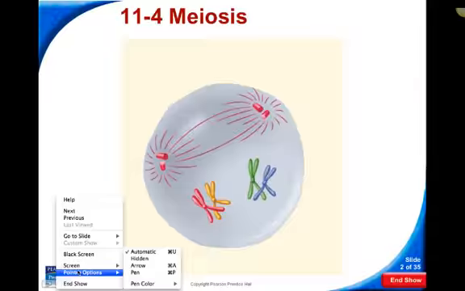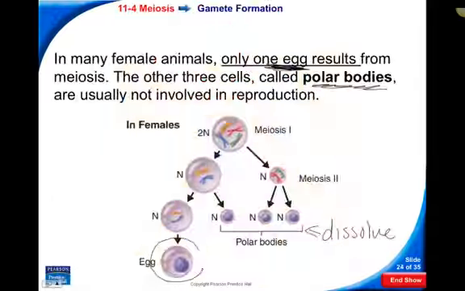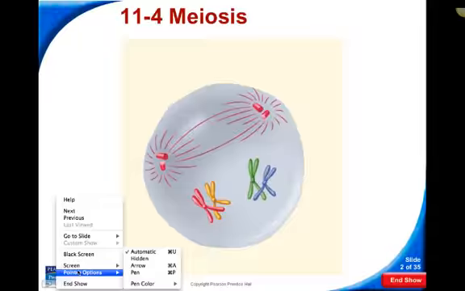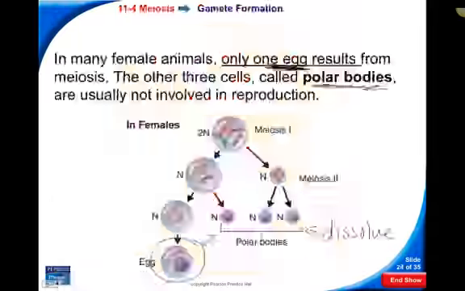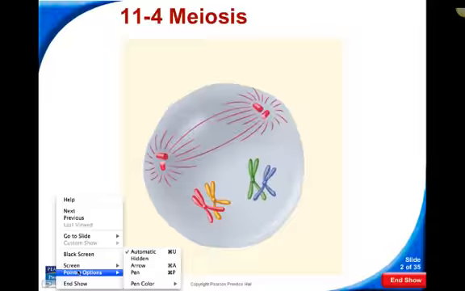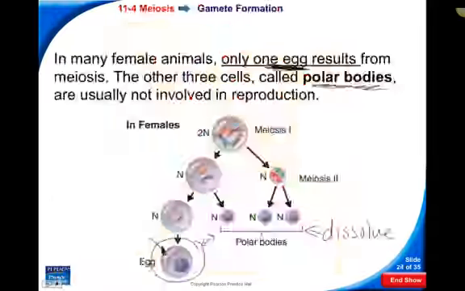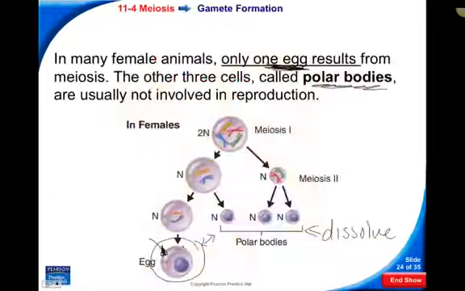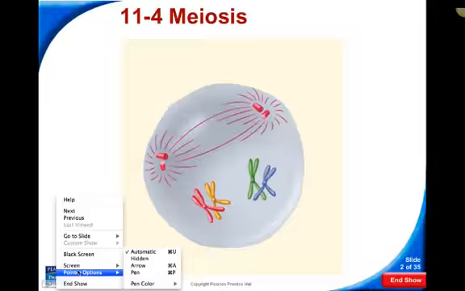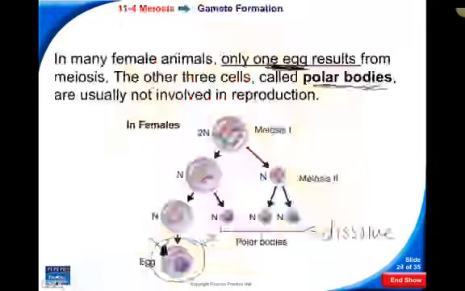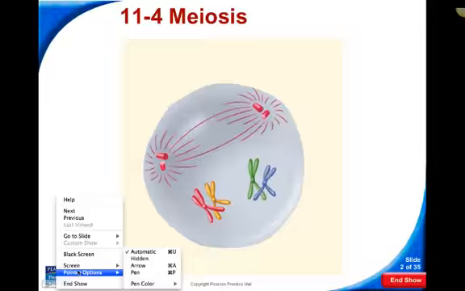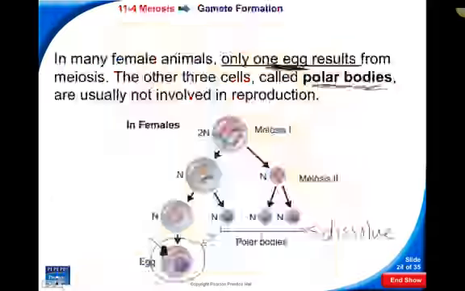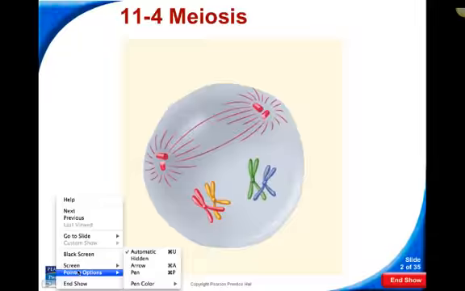Now you might be wondering, why is this egg cell so much bigger? Why did it take up all of the stuff from these polar bodies? Well, what happens is that the egg, after it's fertilized, needs a lot of nutrients. And there are a lot of nutrients in the cytoplasm. So, in order to have enough nutrients to give the embryo a chance, one egg cell is produced using a lot of the cytoplasm.